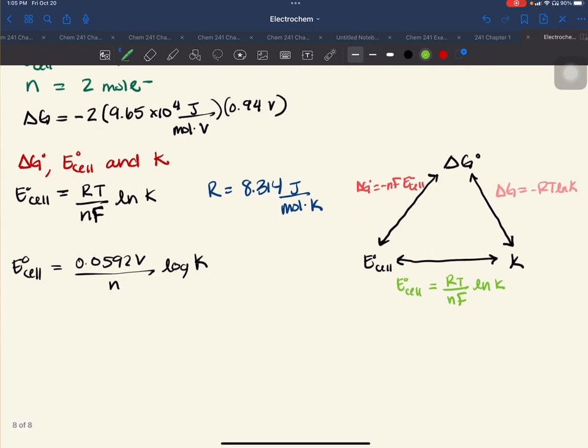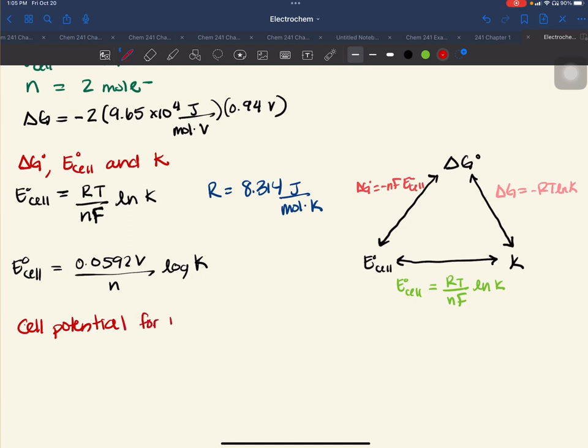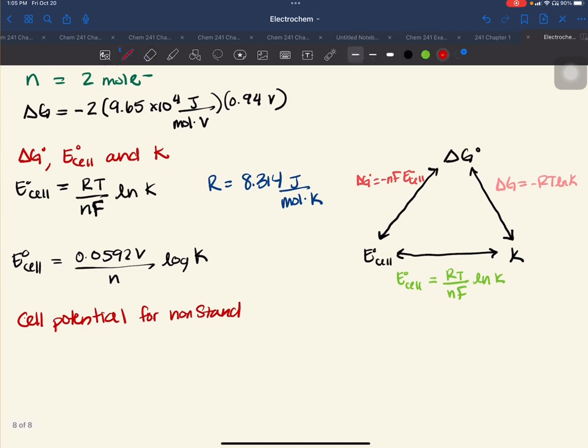Now, if you are not at a standard state, we can still calculate our cell potential using what is called the Nernst equation.